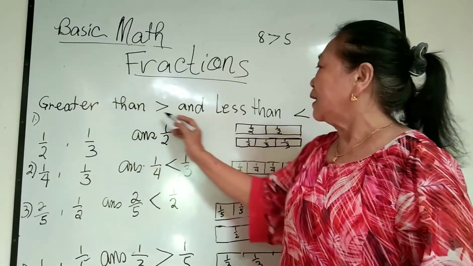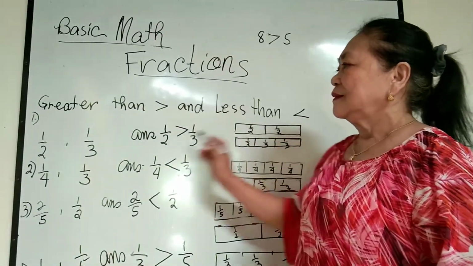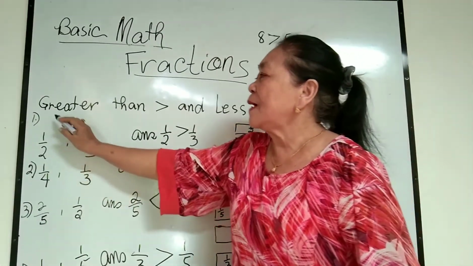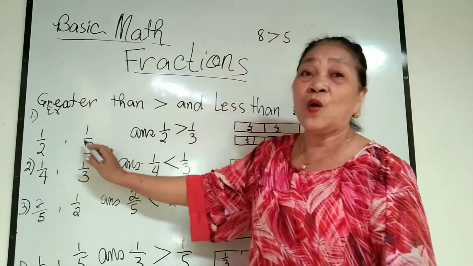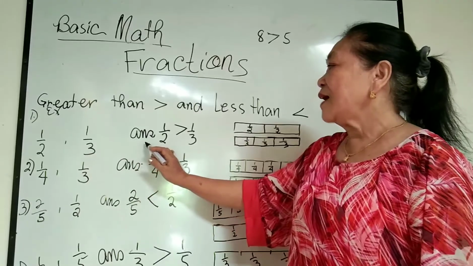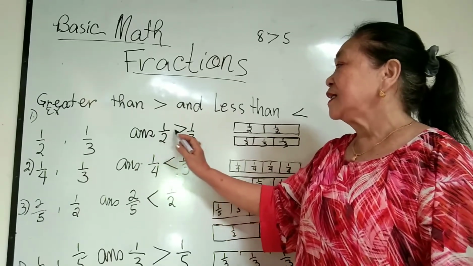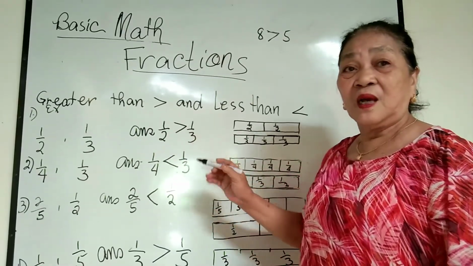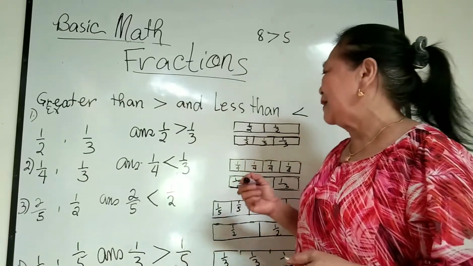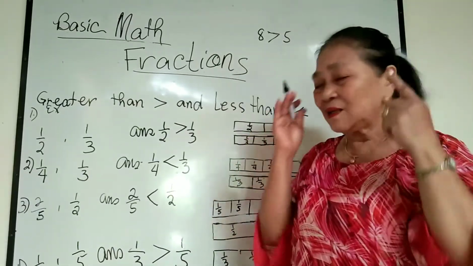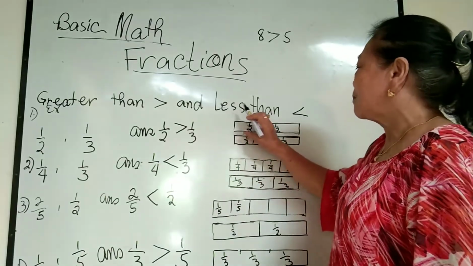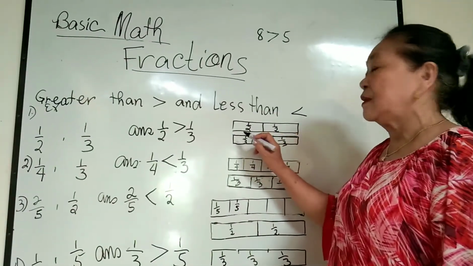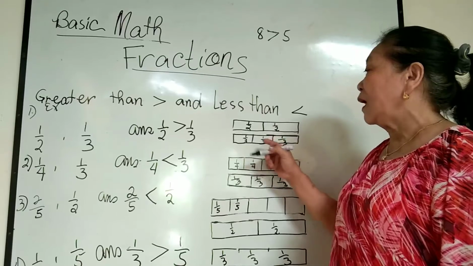In greater than and less than, for example number 1, we have 1/2 and 1/3. The answer is 1/2 is greater than 1/3. I am going to concretize what is abstract. Now this is a piece of paper, granting they are equal.